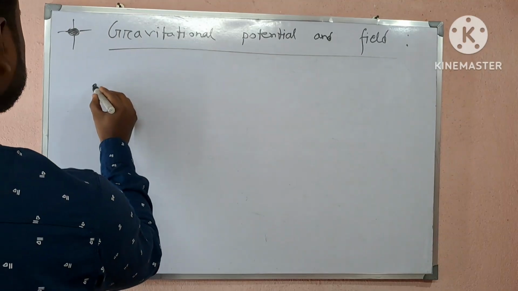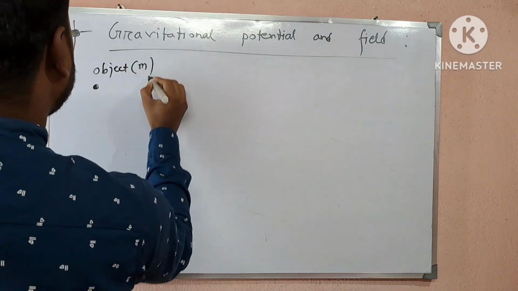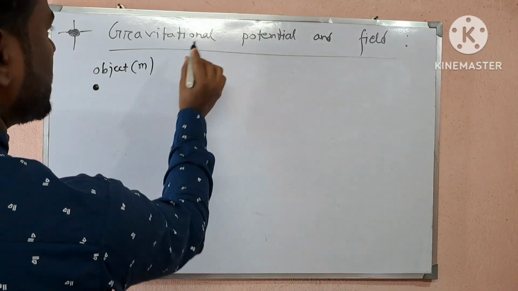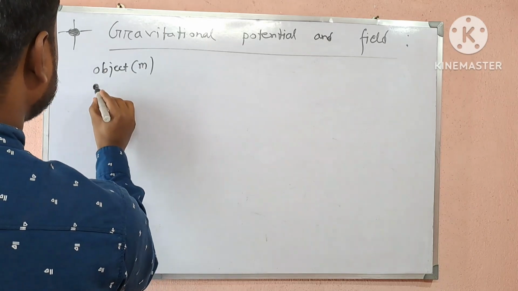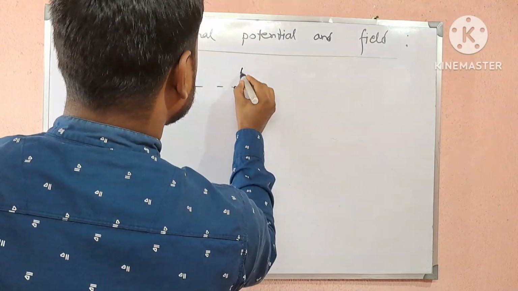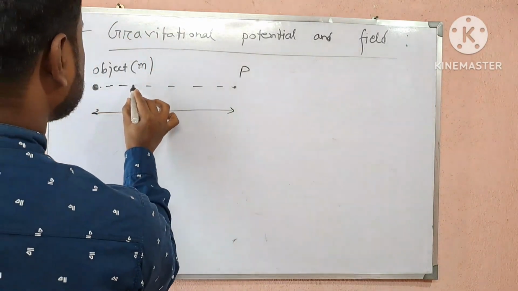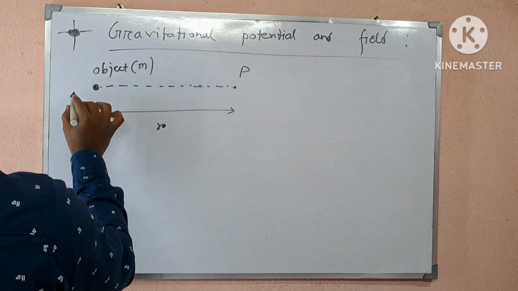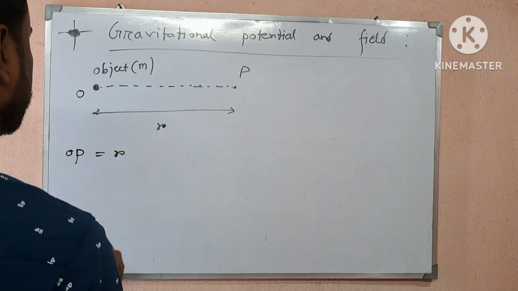Let's say this is an object of mass m, and we want to calculate the gravitational potential and gravitational field due to this object of mass m at a point P, which is at a distance r from the object. Let's say this point is O, so OP is basically r.